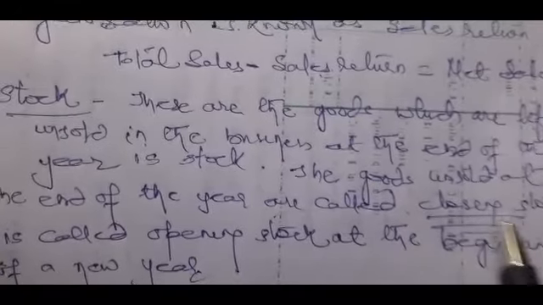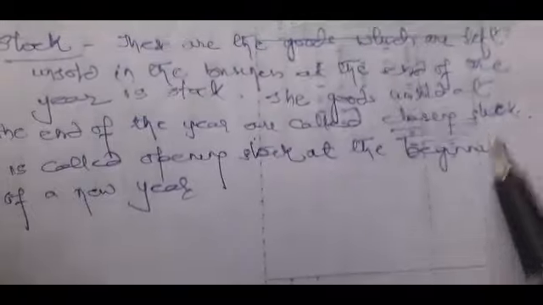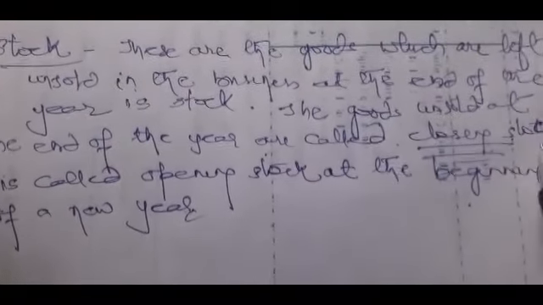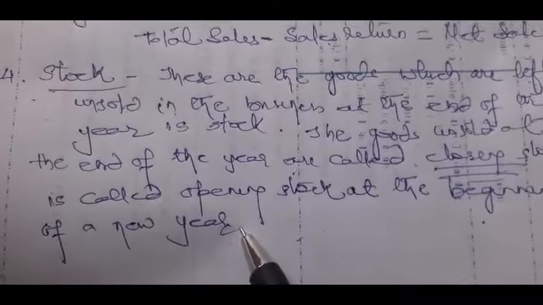The closing stock at the end of the year is carried forward to the next year, and this closing stock becomes the opening stock at the beginning of the new year.